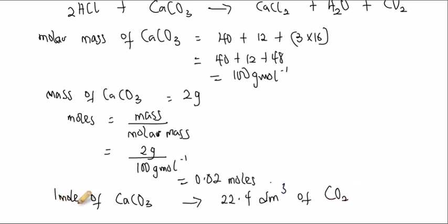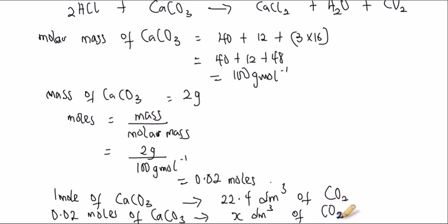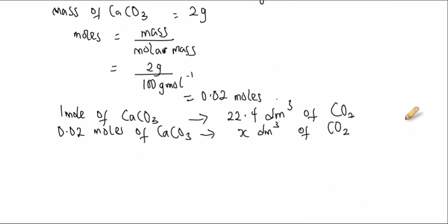So if we have 0.02 moles of calcium trioxocarbonate 4, x dm³ of carbon dioxide will be produced. From here, let's solve for x, making x the subject. X equals 0.02 times 22.4 divided by 1, and this is equivalent to 0.448.